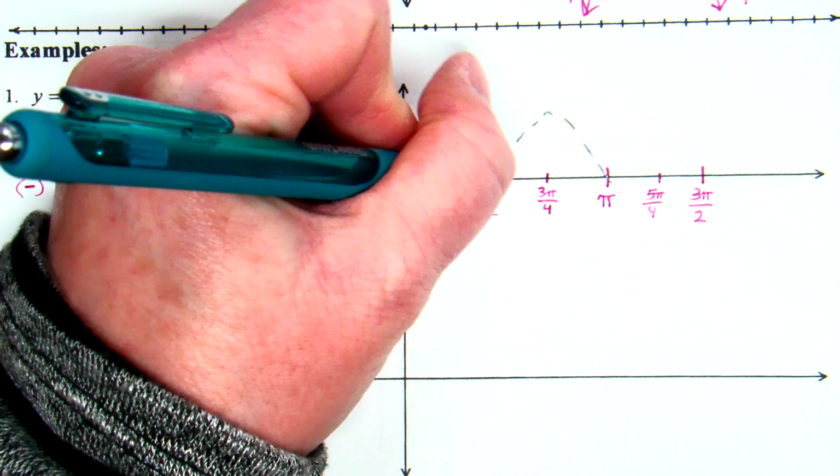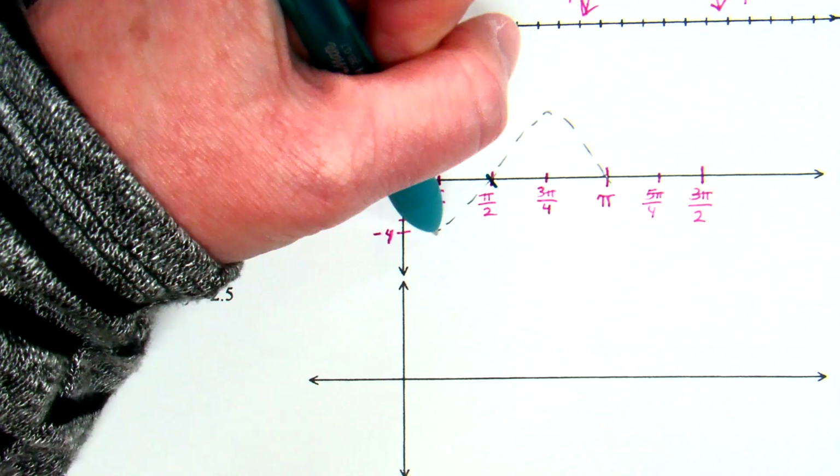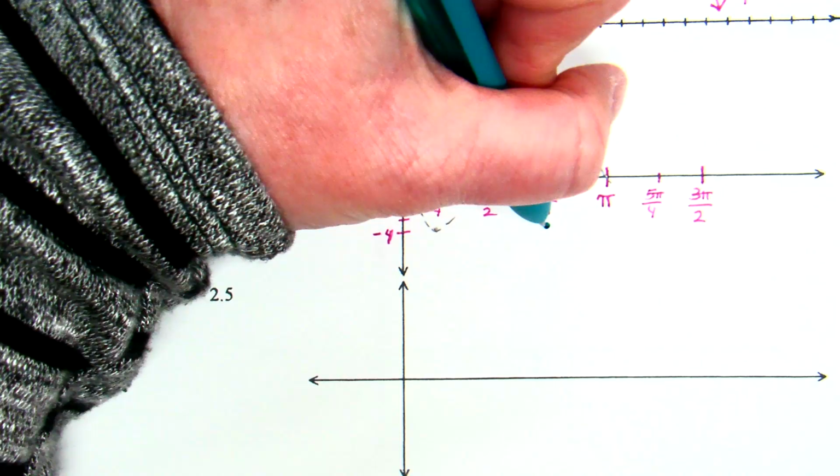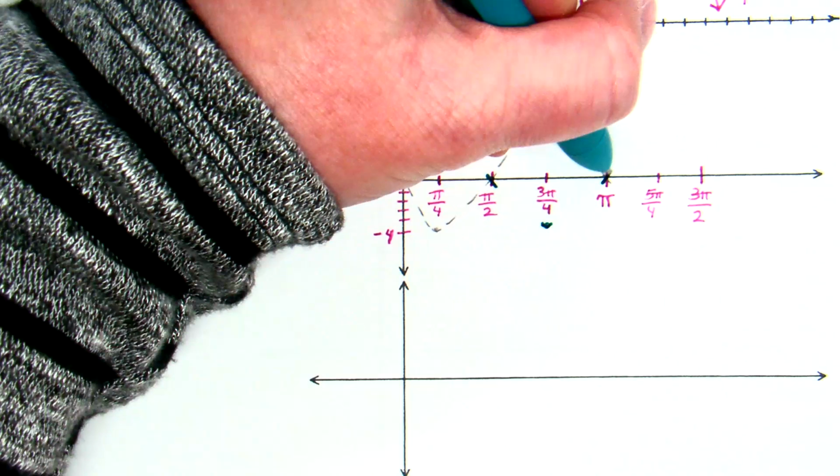And now from here, 2 different ways to do it. If you want me to move each piece, so like the next thing is a minimum. What do I do with that minimum? Move it 2 tick marks. Or just, once you get started, intercept, minimum. The next thing is going to be an intercept.